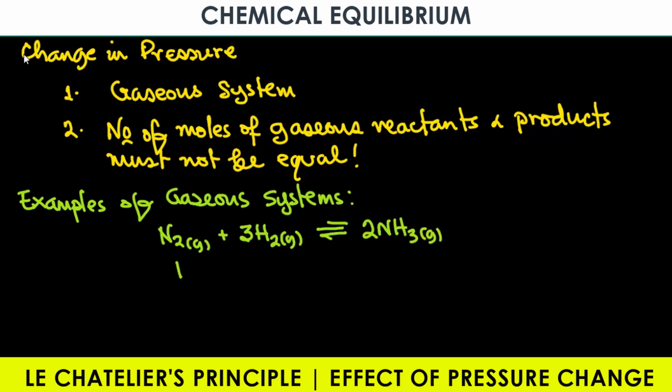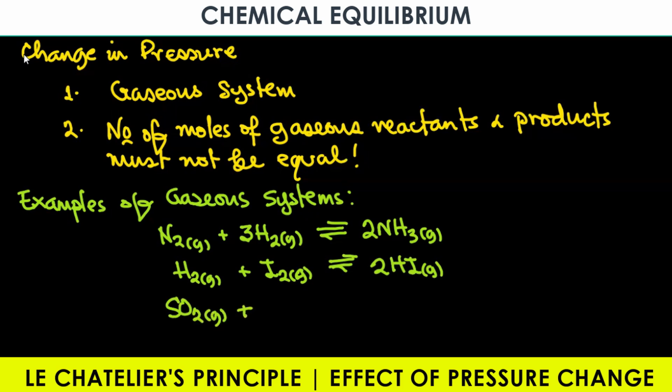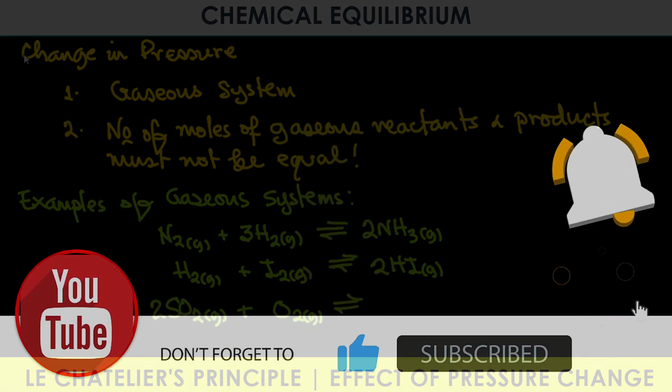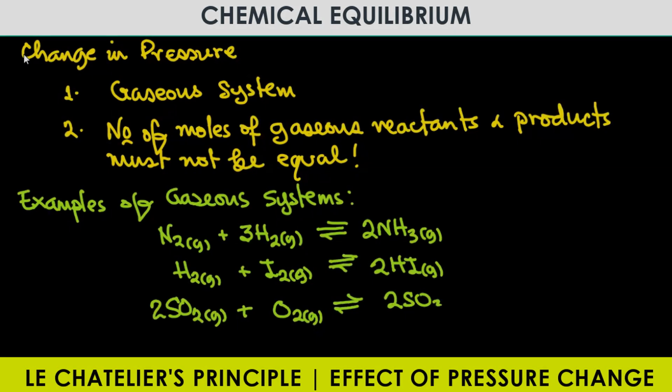Hydrogen gas reacting with iodine vapor to give us hydrogen iodide gas. We have sulfur dioxide reacting with oxygen. Both of them are gases to give us sulfur trioxide.